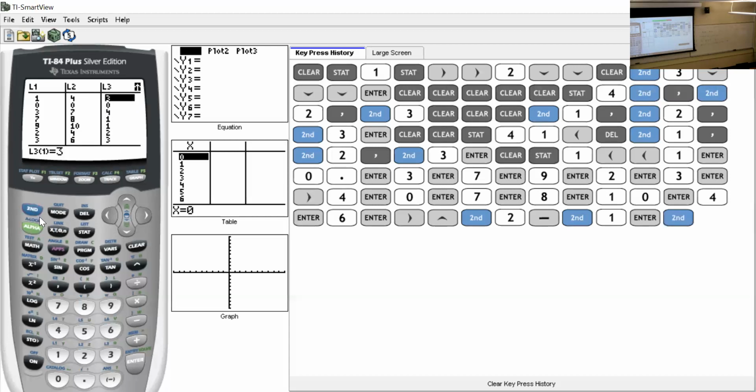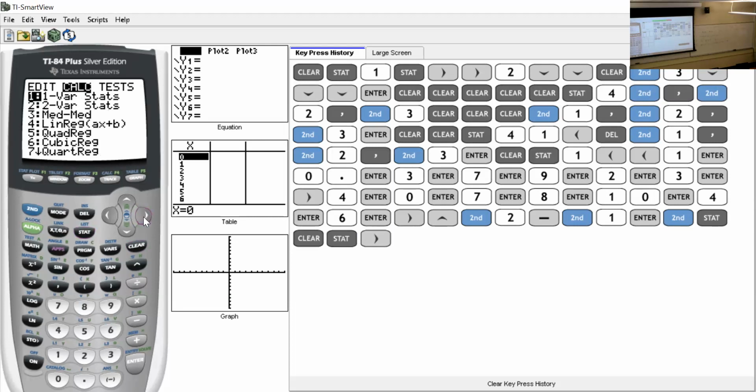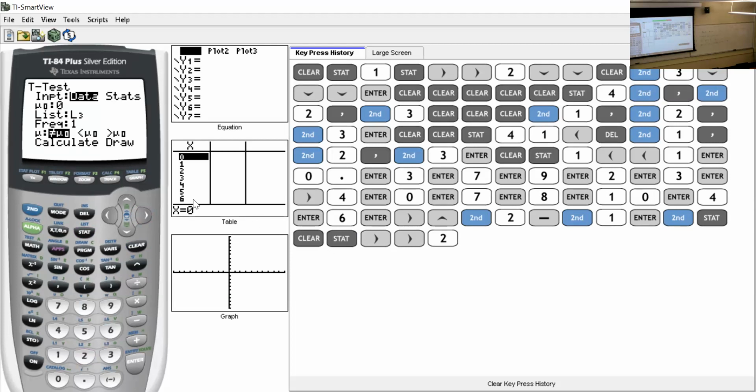So all I have to do, second, start, over to test. Option number 2. The null value did not change because in my definition, mu is greater than 0.